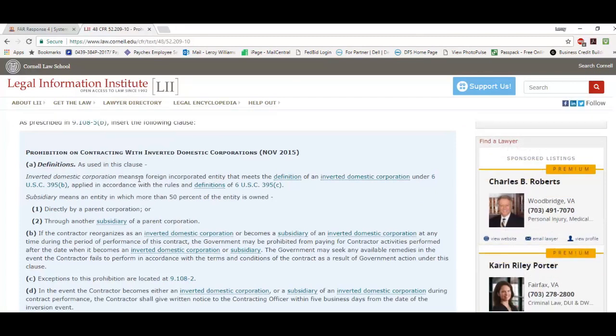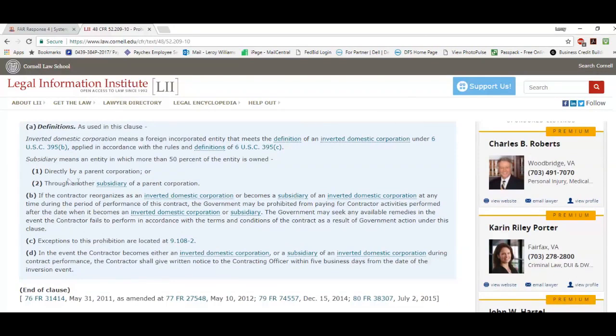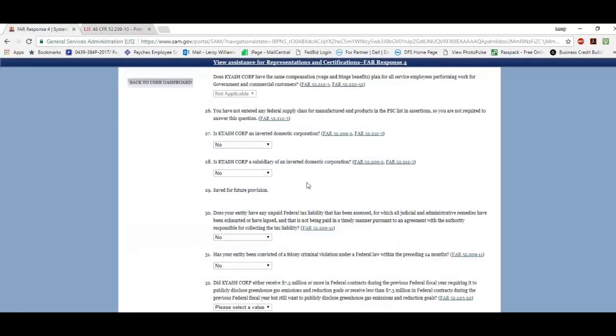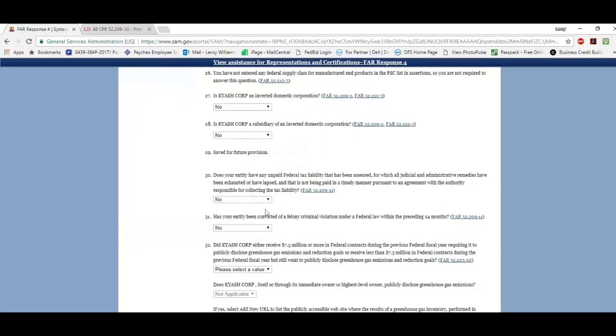Inverted domestic corporation means a foreign incorporated entity that meets the definition of an inverted domestic corporation under this law. And basically it's a foreign entity, and we are not a foreign entity. So we're just going to leave these at no. Number 29, I guess that's saved for a future provision.